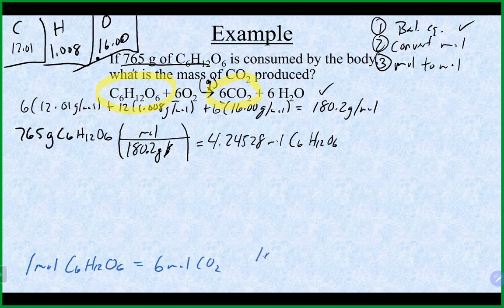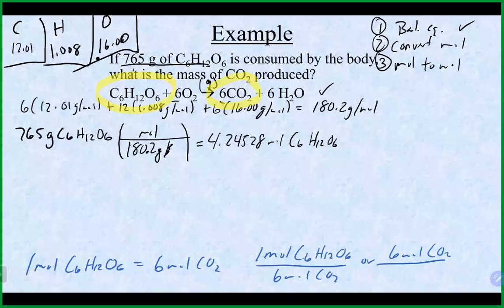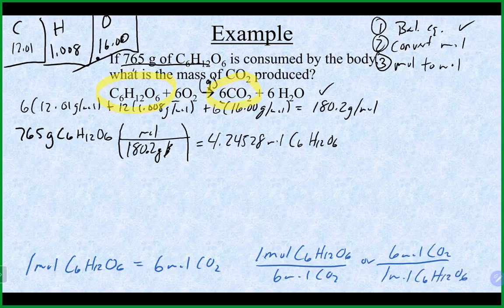That once again will give us our 2 possible conversion factors to use in this problem. And in this case, we do want to get rid of the C6H12O6. So once again, we're actually going to use the one on the right would be the correct one.